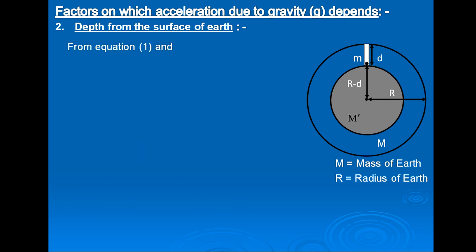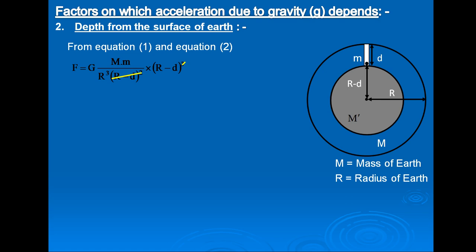Now from equation 1 and equation 2 we get F is equal to G M m upon R cube into (R minus d) whole square multiplied by (R minus d) whole cube. Now (R minus d) whole square cancels with (R minus d) whole square. We get in the numerator only R minus d.